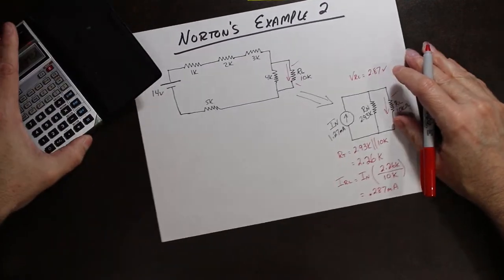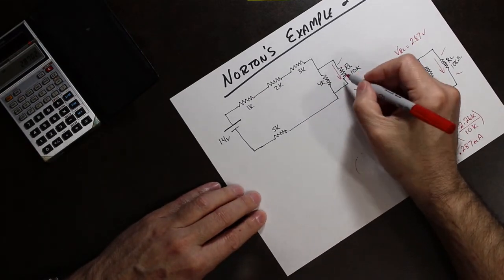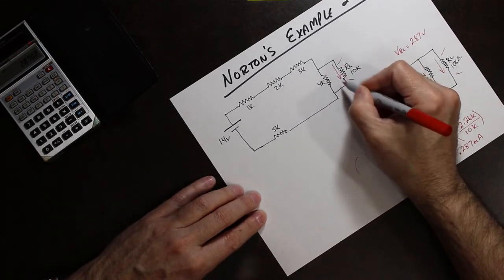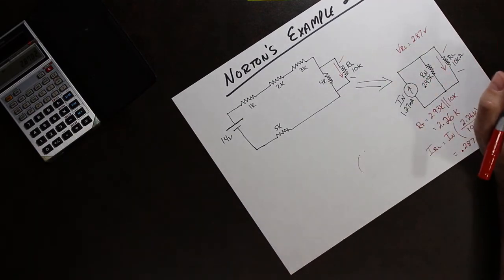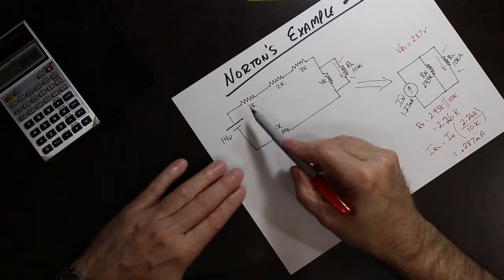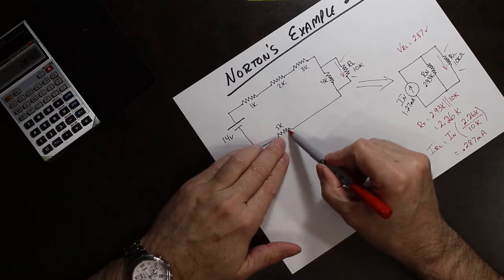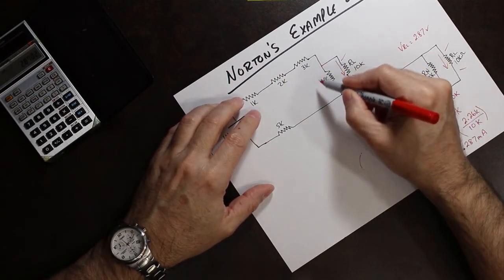So now let's see if that's all true. We're going to go back to our original circuit and solve the current going through that resistor and the voltage drop across it. This is a very simplified circuit by itself. We have 1, 2, 3, 4 resistors in series along with this one.